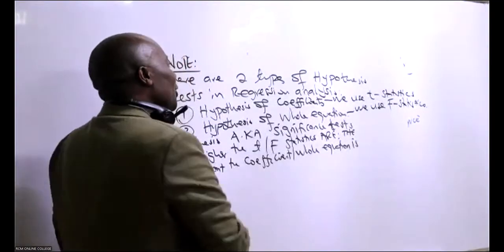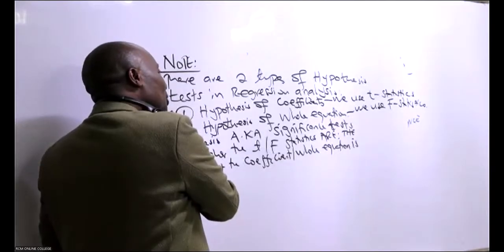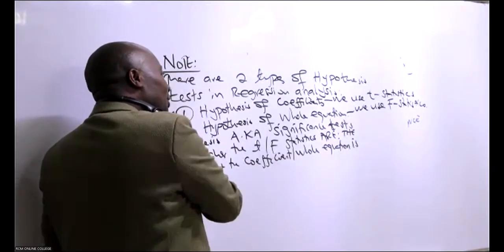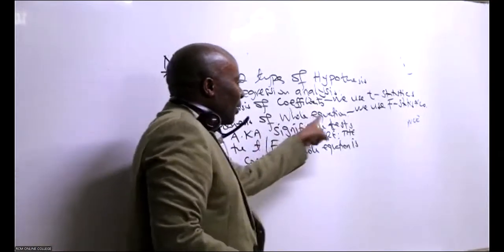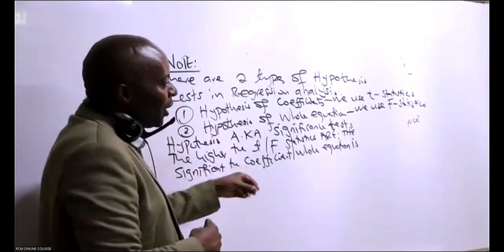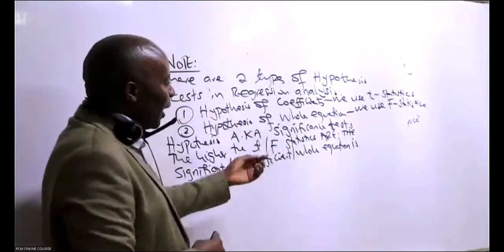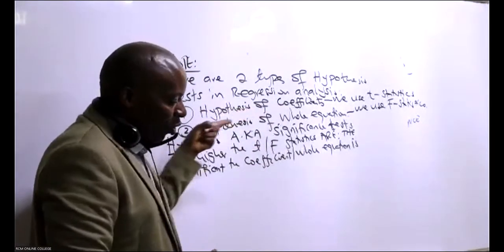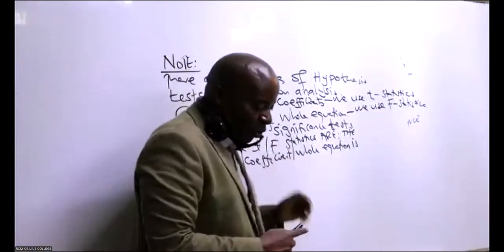So whenever they tell you to describe the F statistic, tell them that the F statistic is used to test the significance of what here, somebody? The whole equation. If it is the T ratio or T statistic, it is used to test the significance of what here, somebody? Coefficients. The moment you mention it like that, you get all the marks.